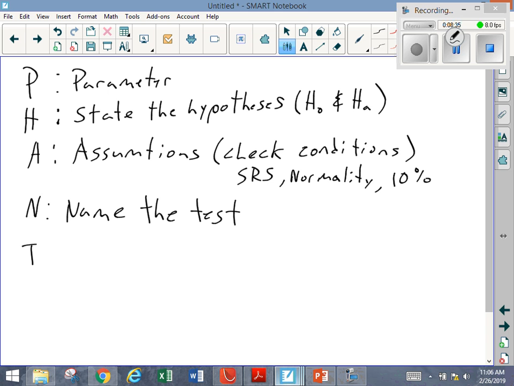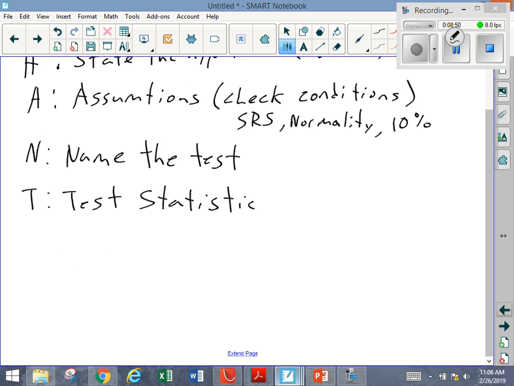T: get a test statistic. We'll calculate that. O: obtain a p-value. M: make a conclusion.